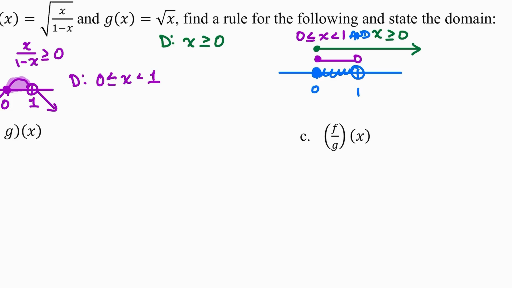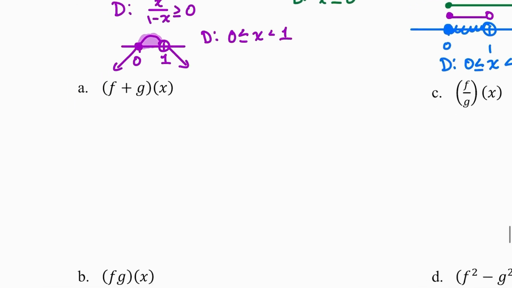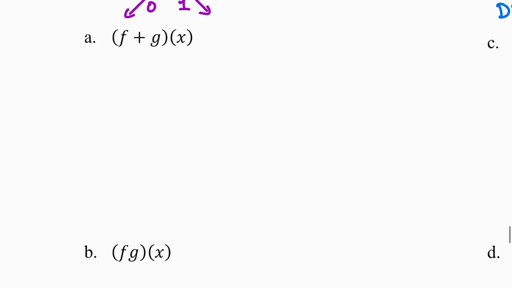So the domain for most of these function compositions that we're going to do is going to stick with this same exact domain unless we restrict the domain even further. So if we have f plus g of x, this does not say add f, add g, and then multiply by x.